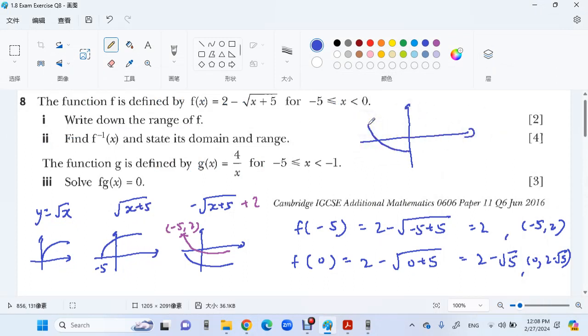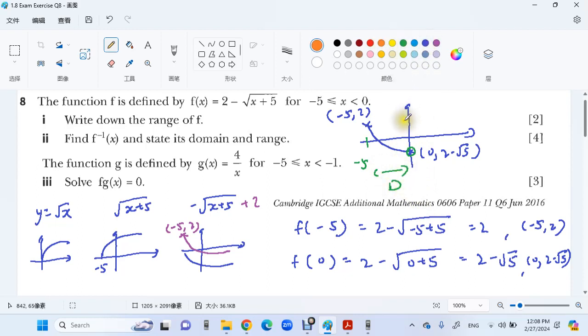We have something like this. So this is -5, 2, and this is 0, 2 minus square root 5. So the domain is from -5 until 0. So the 0 here is not inclusive. Okay, so this is the domain.